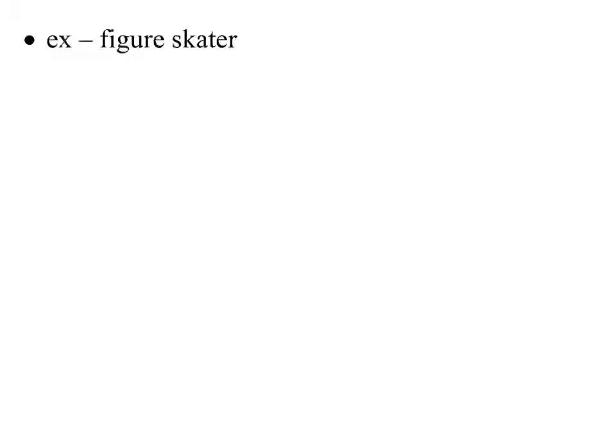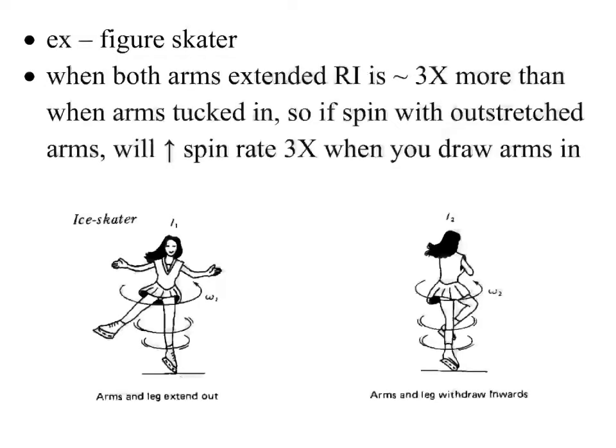A figure skater can change not their angular momentum, but they can change their angular velocity by making their radius bigger or smaller. Now, this does not mean that they're changing their angular momentum, because as we know, as the rotational inertia goes down, angular velocity goes up.